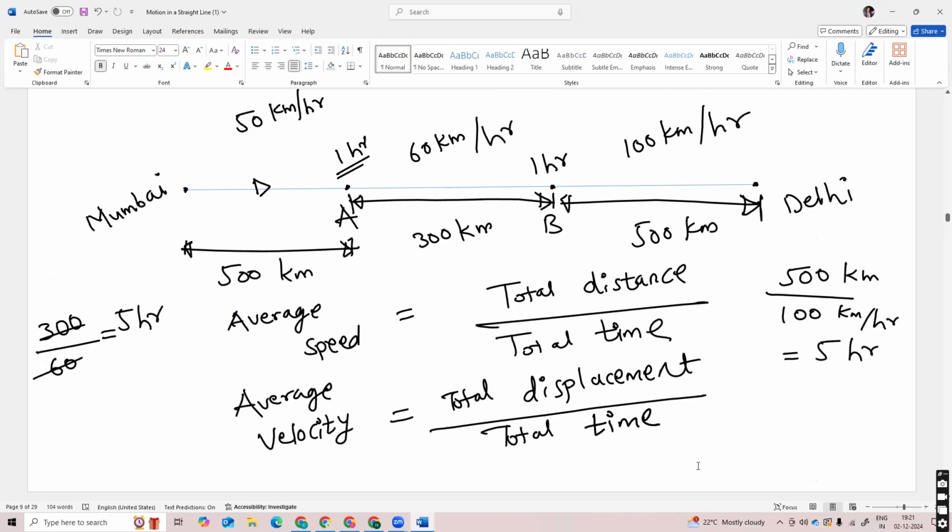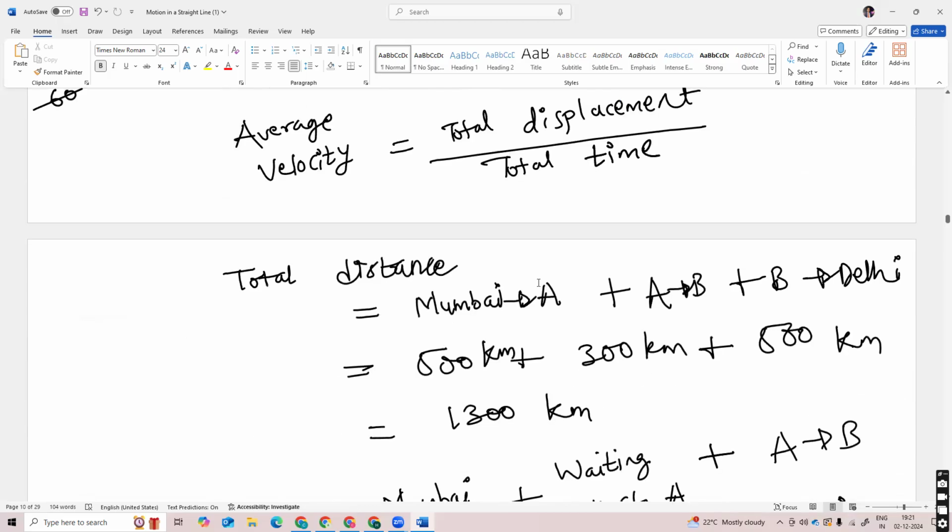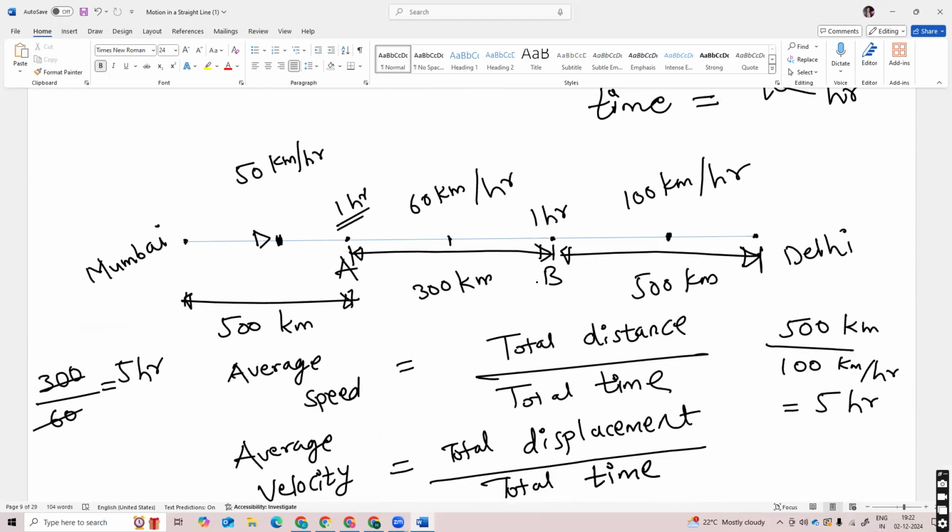Whereas if you consider, if you go at this point and we have to find out what the speed was, at this point the speed of this train was 50 kilometers per hour. At this point it was 60 kilometers per hour. At this point it was 100 kilometers per hour. So if I ask what was the average speed from Mumbai to Delhi, you will say it was 59.09. But if I ask what was the speed at this instant, let's say at this time equal to t, what was the speed of the train?